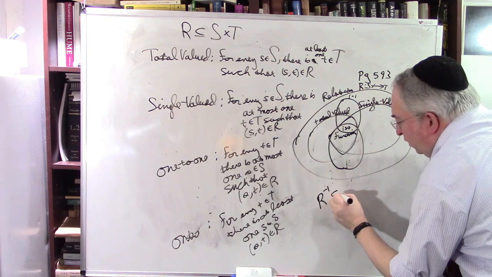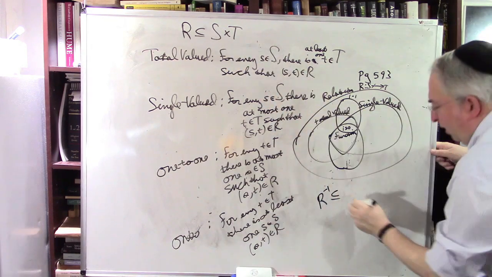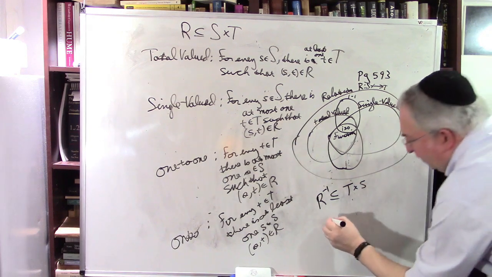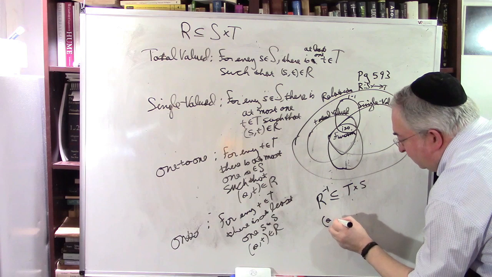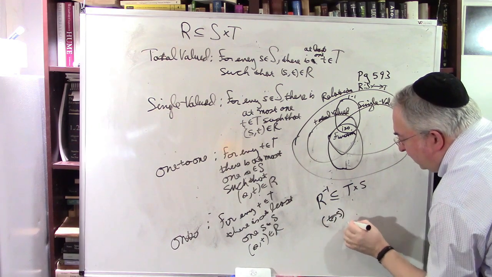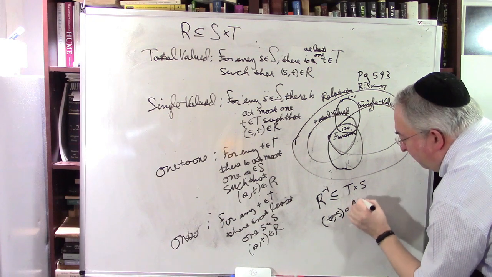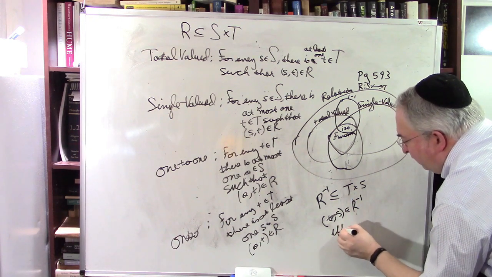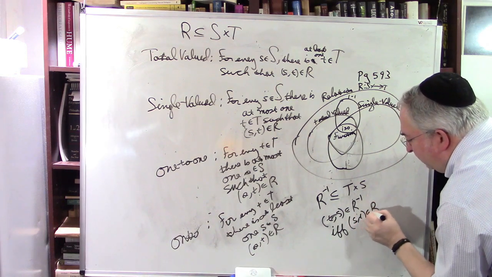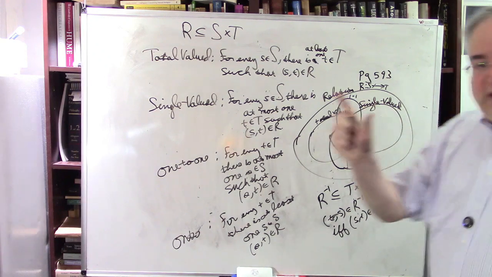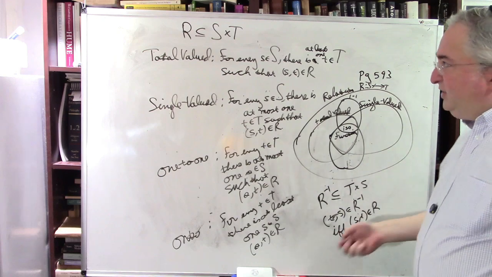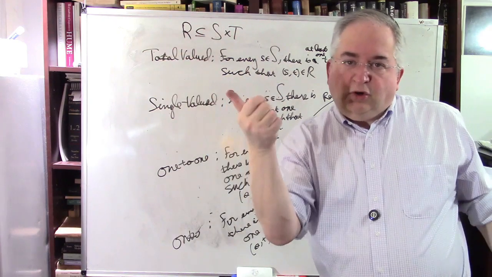If R goes from S to T, R minus 1 goes from T to S. So let me tell you what the relation is. (t, s) is a member of R minus 1 if and only if (s, t) is a member of R. The idea is: take the elements, flip them. So this is called the inverse relation. It has the same information here, just turned around.